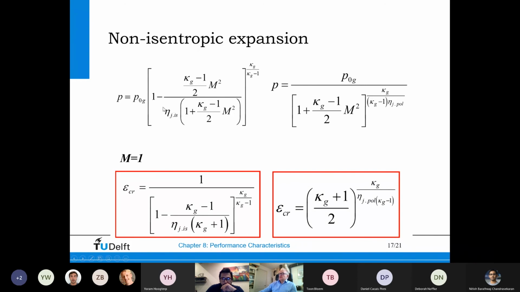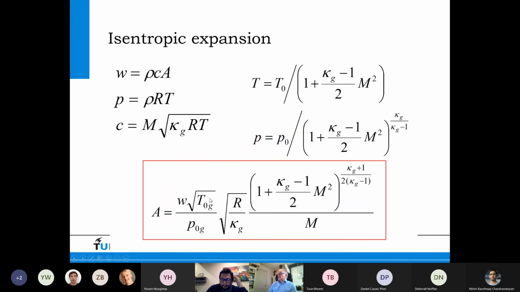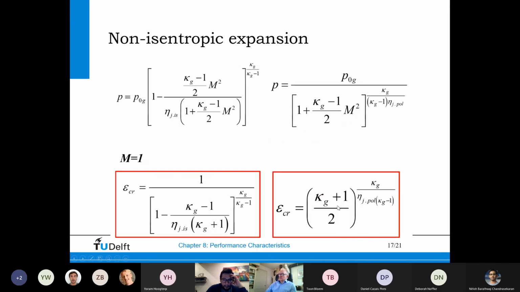I will not go into detail here, but you can derive relationships, including an expression for the isentropic efficiency or polytropic efficiency here, and then the critical pressure ratio can be calculated using this expression. And of course, I don't see the critical pressure ratio here, but that must be something, well, yeah, that's actually this one.